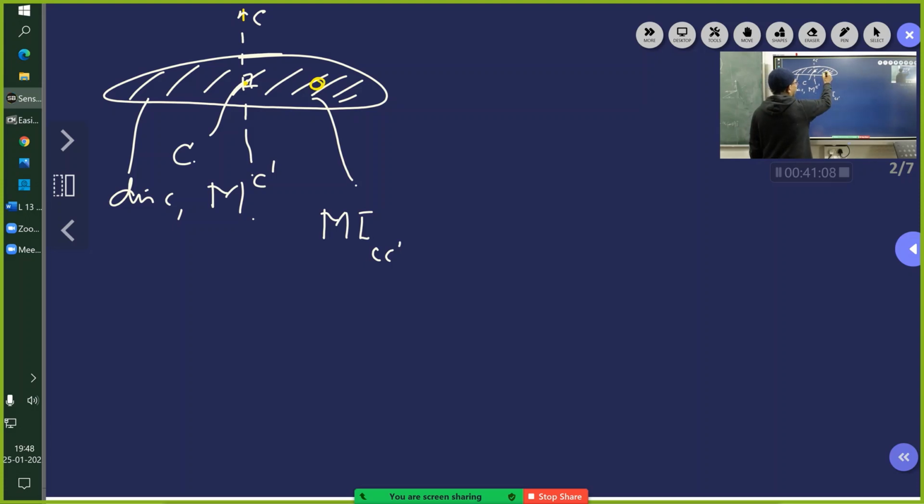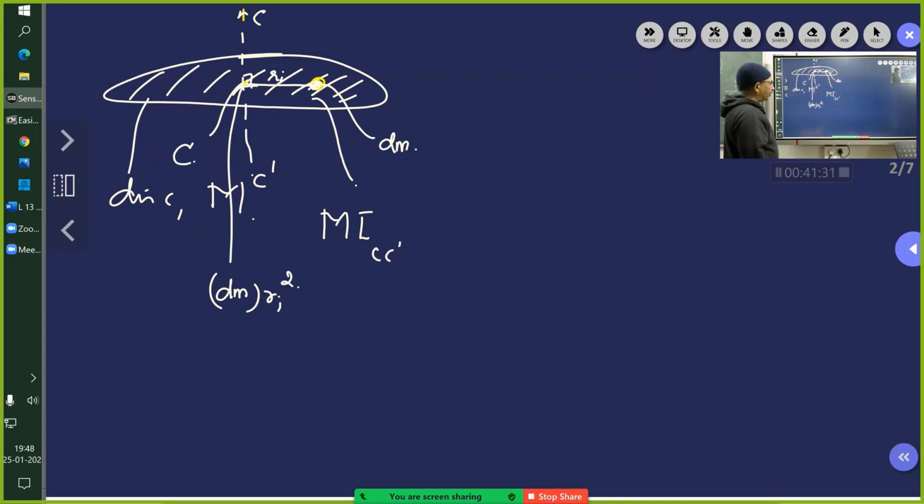You will take an incremental mass here, dm, and you will take its distance from the axis as something like Ri. Therefore, the moment of inertia of this incremental mass about the axis will be dm into Ri square. Now, if you want the moment of inertia throughout, then you integrate it over the entire body.